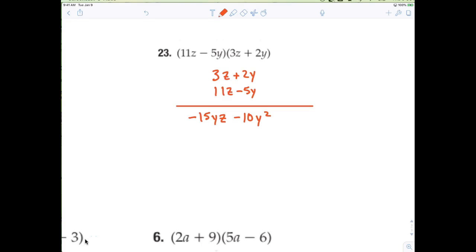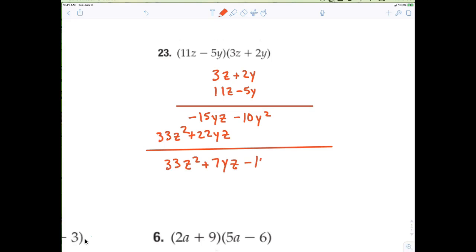No. Now I'm going to the next line, and it would be positive 22yz, and then 33z squared. And now you're just adding them together. So your final answer would be 33z squared plus 7yz. Look, guys, that's very simple.